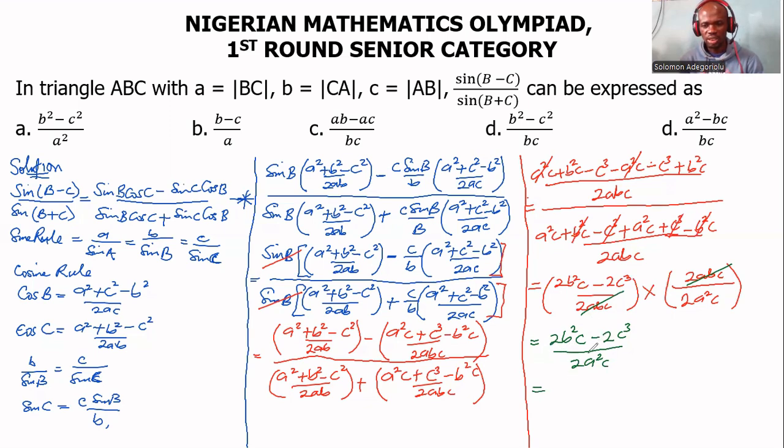So 2C is common. Let's bring that out. 2C is common. And we are left with what here? B squared. Then minus, what are we left with here? That's C squared. Okay. Then over.